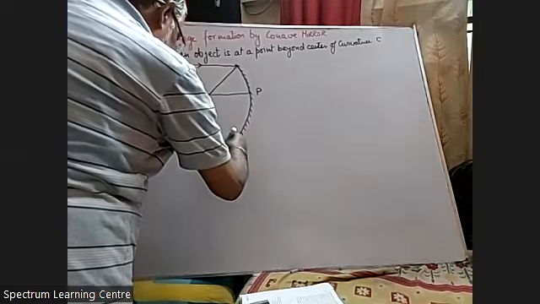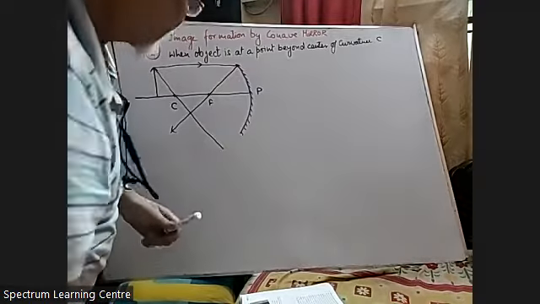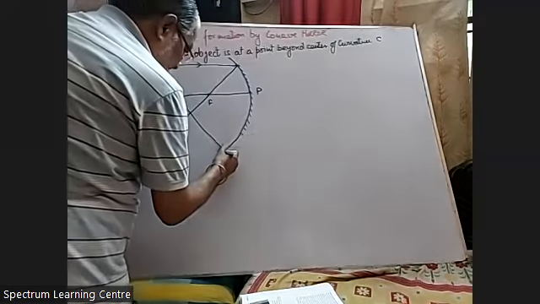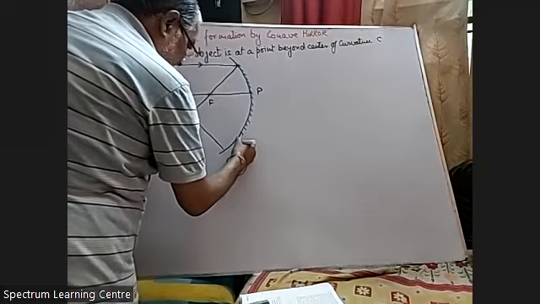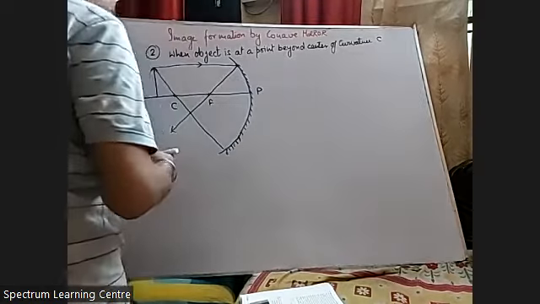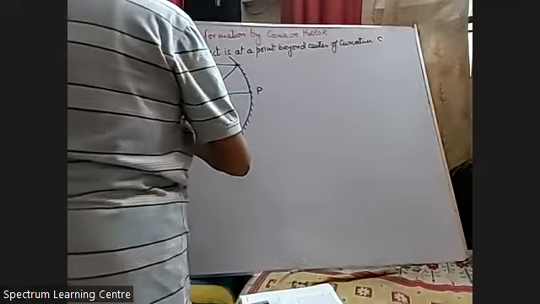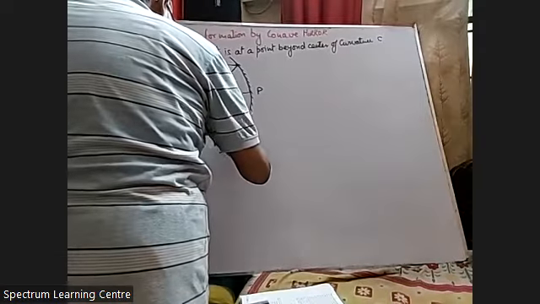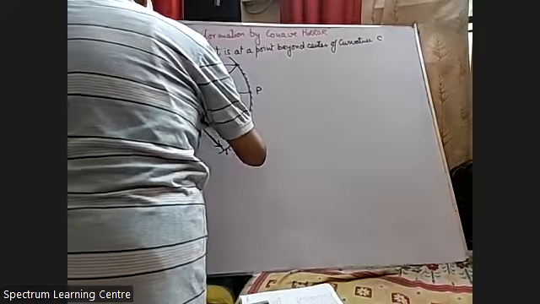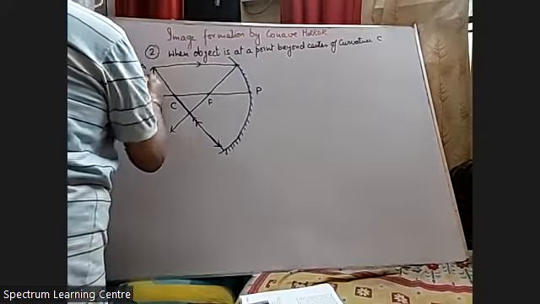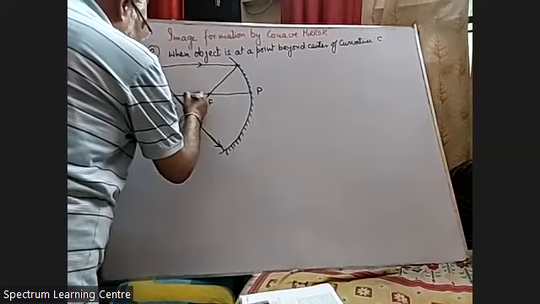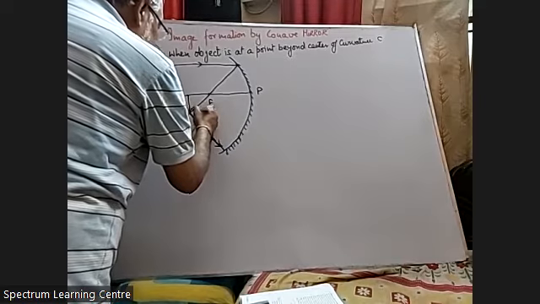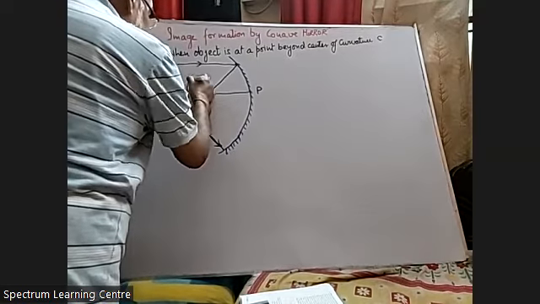Don't worry, I'll extend the mirror. We know that the ray passing through center of curvature reflects back. Therefore, at the point of intersection, the image will be formed. Image will be A dash B dash.